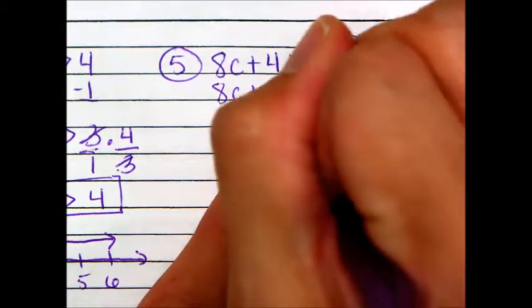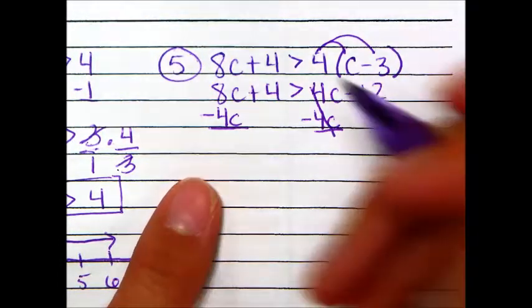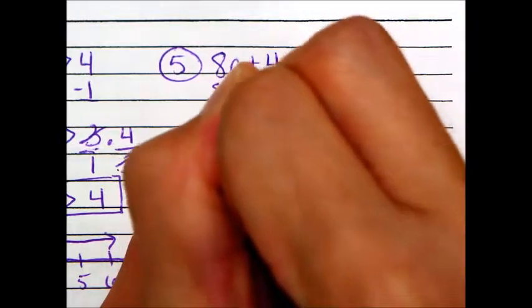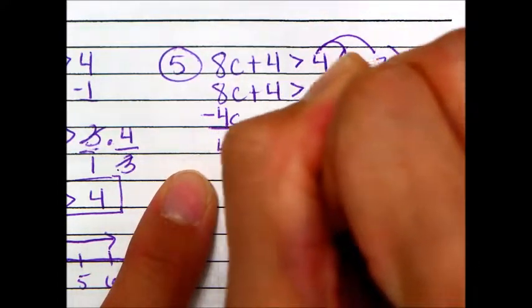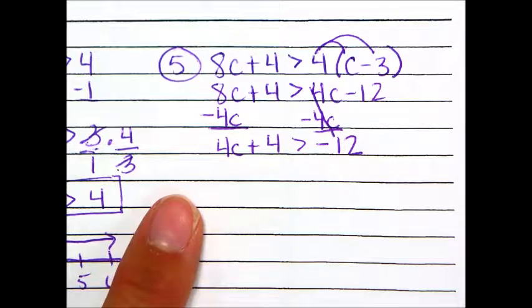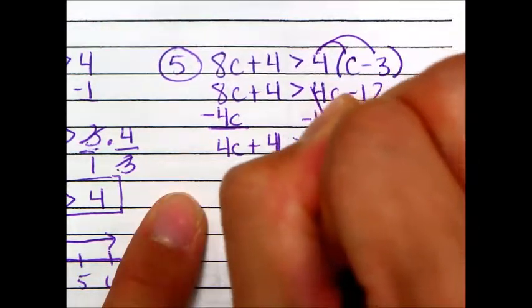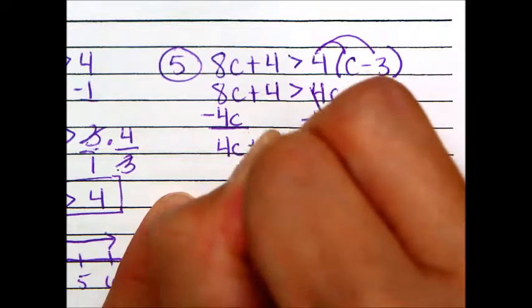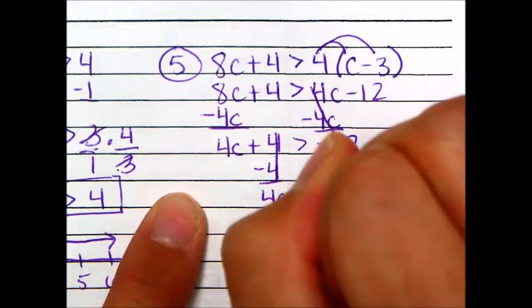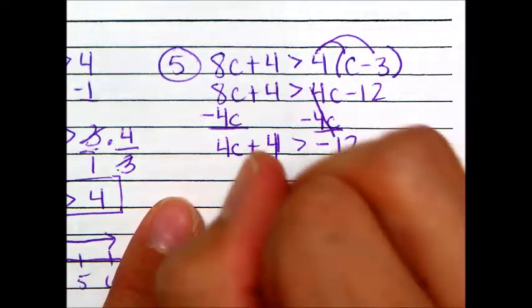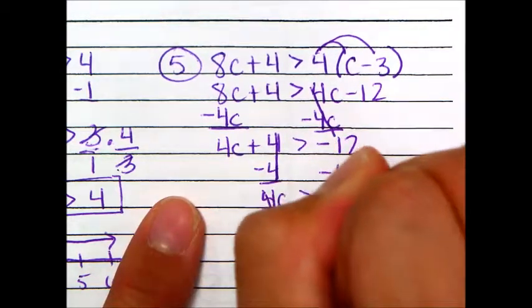So to get rid of 4c, we're going to subtract 4c on both sides. So 8c minus 4c is 4c, plus 4 is greater than negative 12. We would subtract 4 on each side to get 4c is greater than negative 16, and then we would divide by 4.